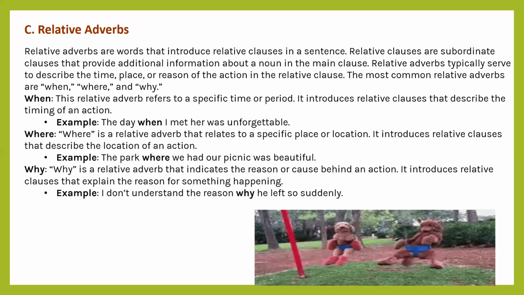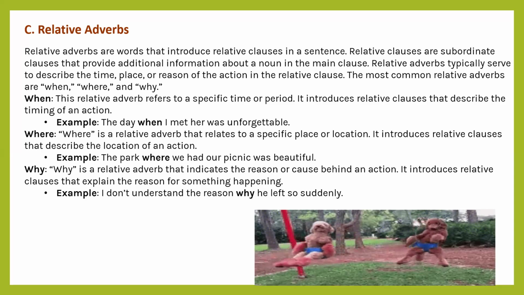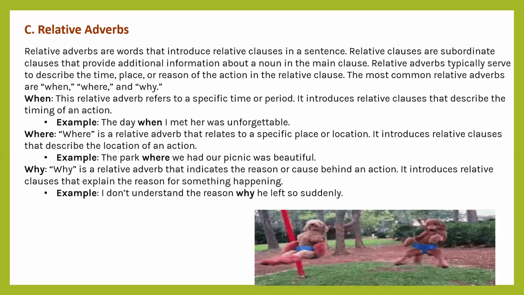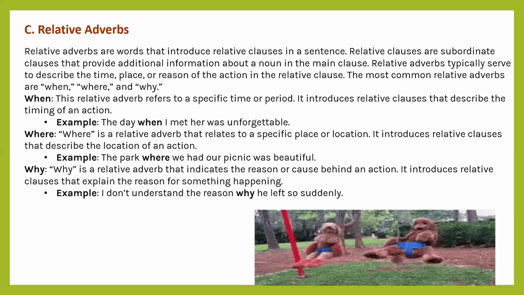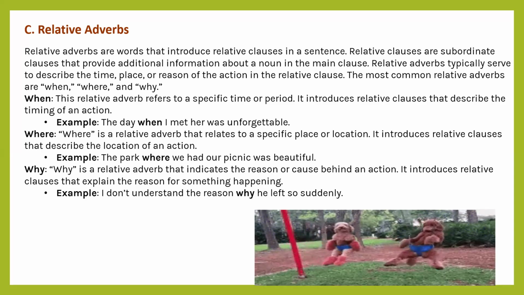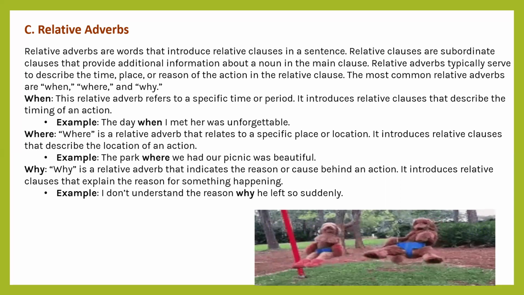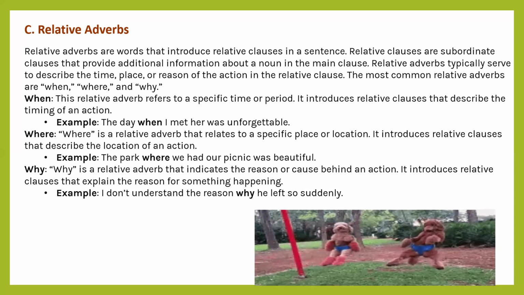It gives information about the park, in the main clause. So these are the relative adverbs. Last example: I don't understand the reason why he left so suddenly. In this case, why he left so suddenly is a relative clause and why is a relative adverb. I don't understand the reason is the main clause.